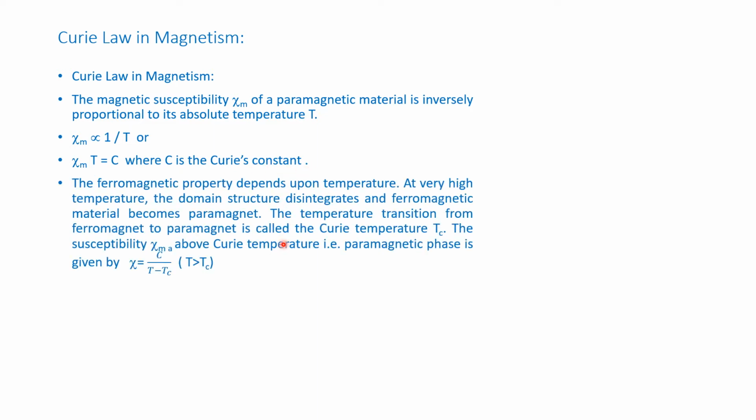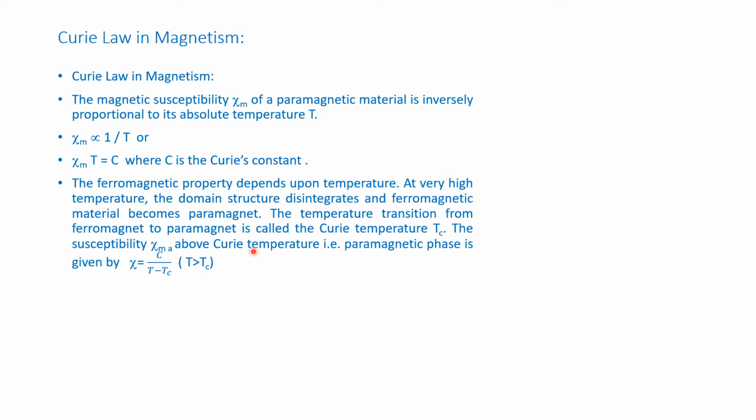The ferromagnetic property depends on the temperature. At very high temperature, the domain structure disintegrates and the ferromagnetic material becomes paramagnetic. The temperature of transition from ferromagnetic to paramagnetic state is called the Curie temperature Tc.